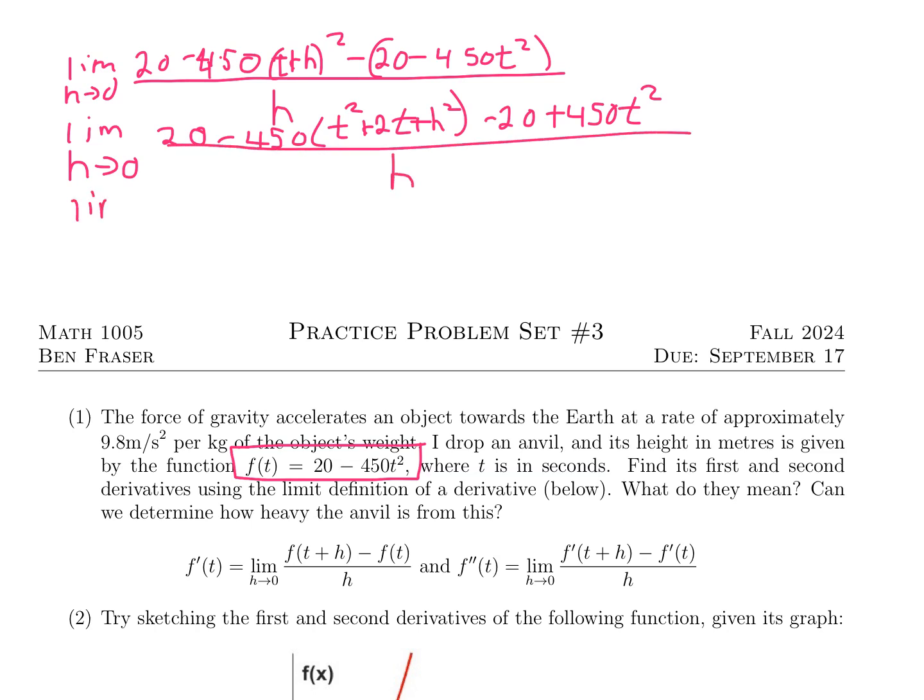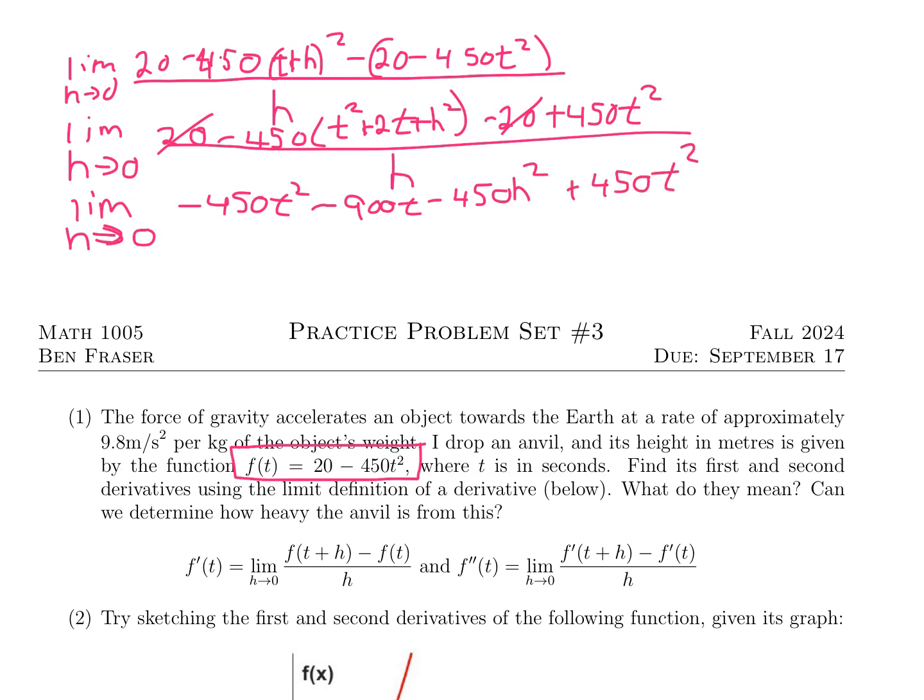Next line, I'm going to further simplify the numerator. 20 minus 20 is 0. And I'm going to have minus 450t squared minus 900th minus 450h squared plus 450t squared.